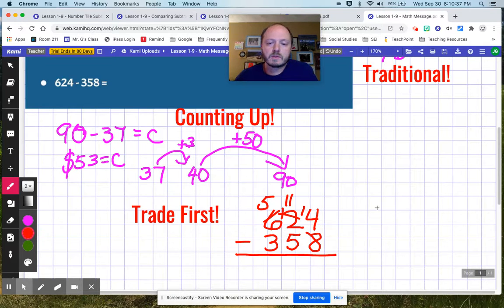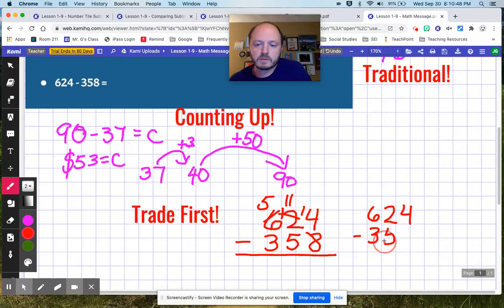Okay, and I know that some people like to regroup very similarly. And I'm going to draw it right next to here just to show you another way that some of you might do it. We might also say, all right, instead of 6, this is 5.